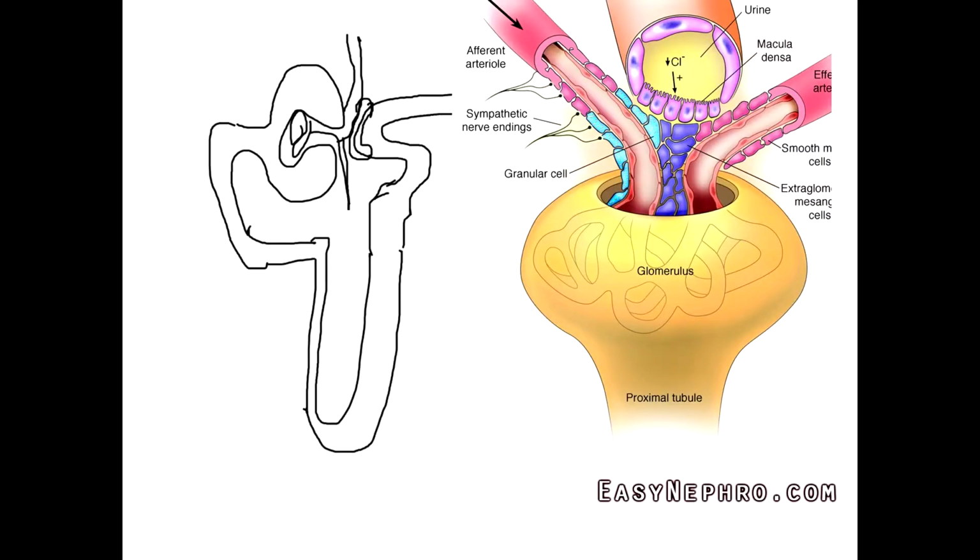If we magnify this view, you will note that there are small secretory granular cells in the afferent arteriole part. These are nothing but vacuoles containing renin. So when the perfusion to this glom is reduced, filtration within the glom gets reduced.